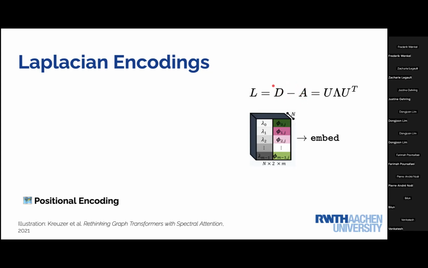The degree matrix is just a matrix that has the node degree on the diagonal, and you subtract the adjacency matrix, which has ones and zeros depending on whether two nodes are connected. And we do an eigendecomposition of this matrix and embed the eigenvectors and eigenvalues to create the positional encoding.